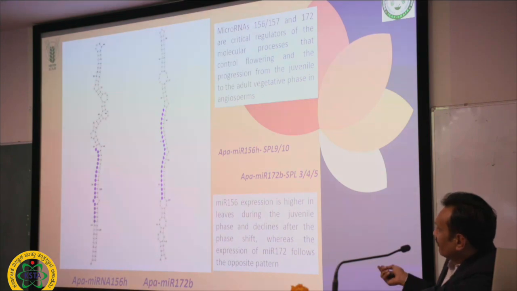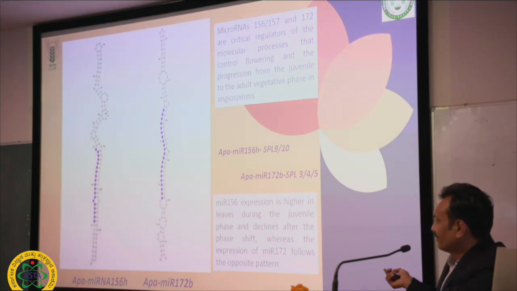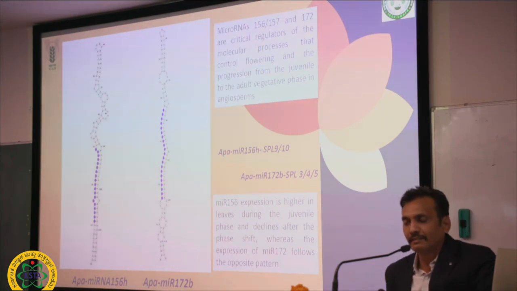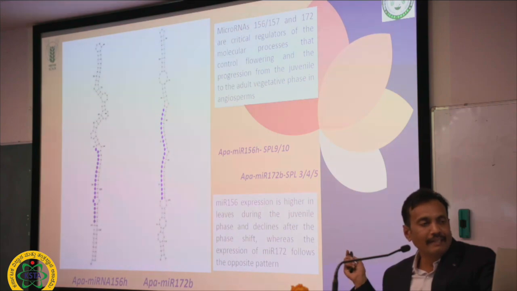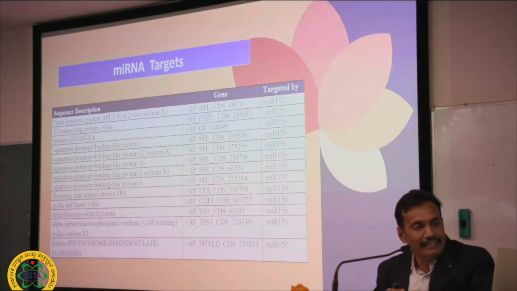MicroRNA 156 expression is higher in leaves during the juvenile phase and declines after the phase shift, whereas the expression of 172 follows the opposite trend, as in our particular data. We found that microRNA 172 was targeting the AP2 gene, whereas 156 was targeting 7 other genes.